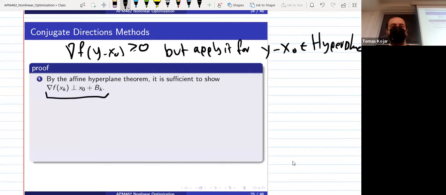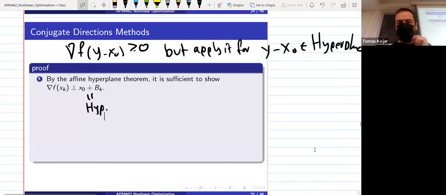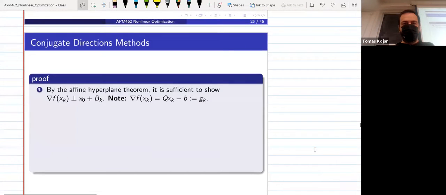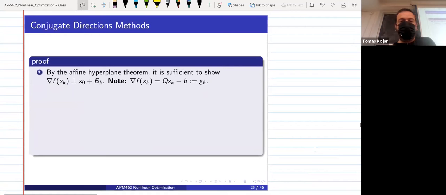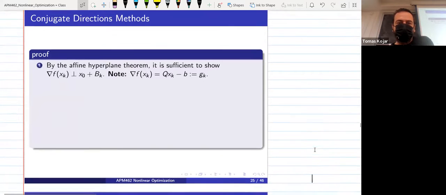And you get this condition. Now the hyperplane here would just be, I know it's a kind of weird way to write it, this. Yeah, this is the hyperplane. What's next? Right, and our F is this guy.